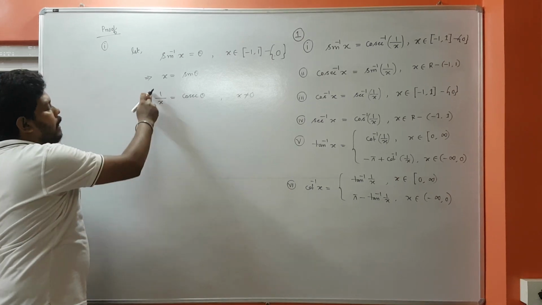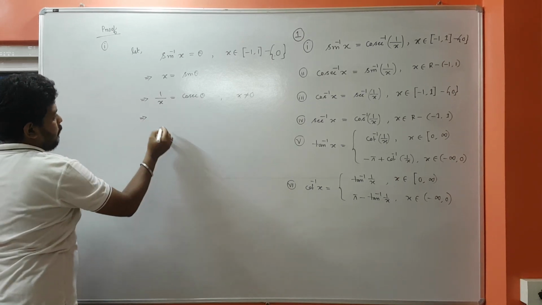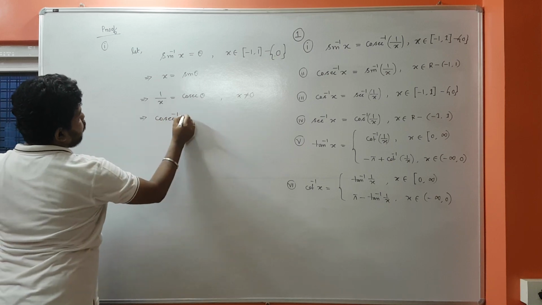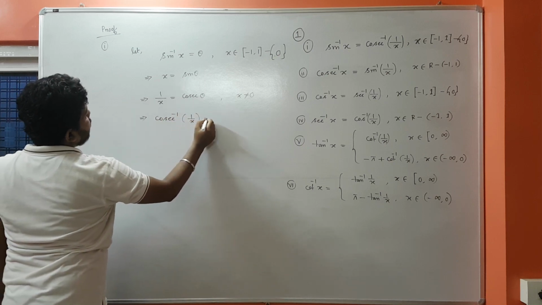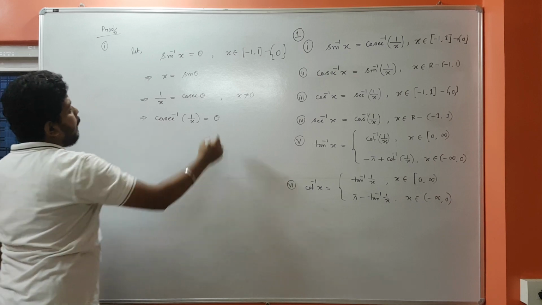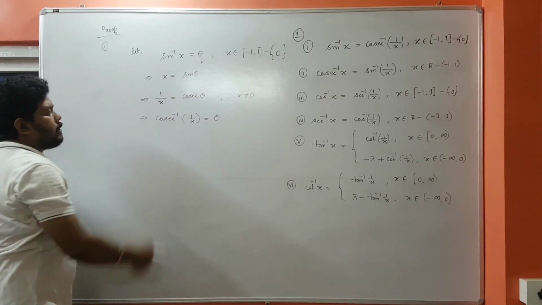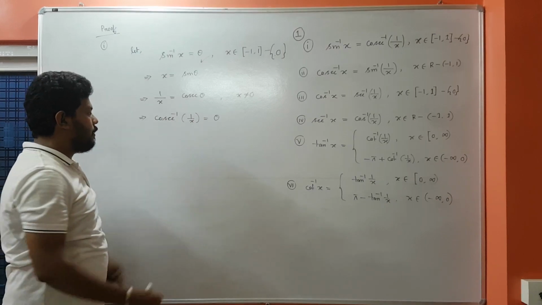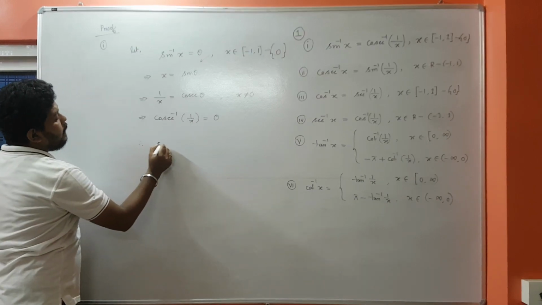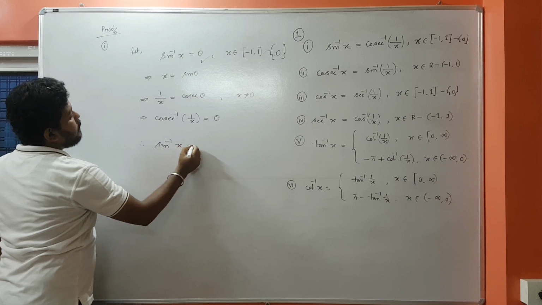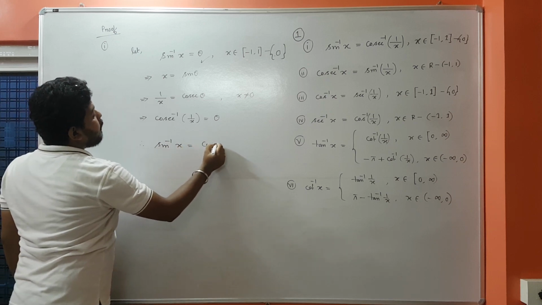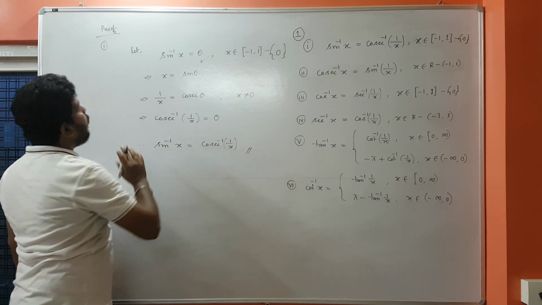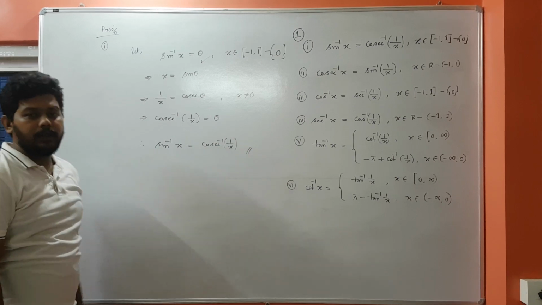Now 1 by x is equal to cosec theta. Therefore cosec inverse of 1 by x is equal to theta. Now theta is equal to sin inverse of x. Similarly, theta is equal to cosec inverse of 1 by x. Hence, you can write sin inverse of x is equal to cosec inverse of 1 by x. Number Roman 1 is proved.